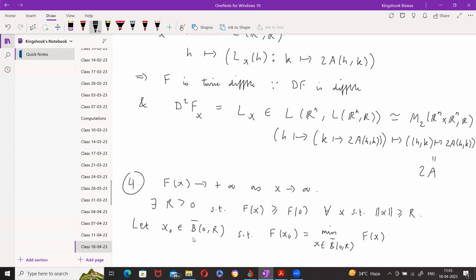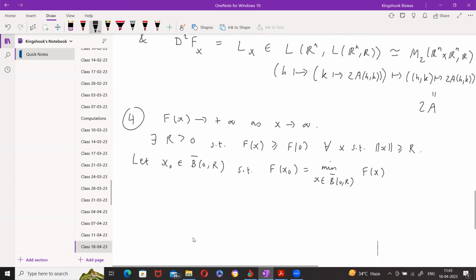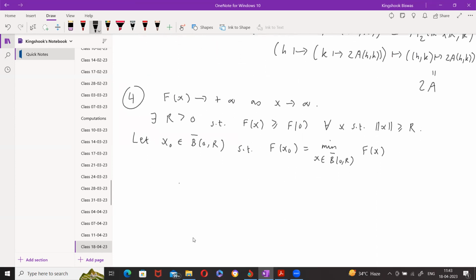So you take the closed ball and look at where f attains its minimum in the closed ball, right? Then actually that will be the global minimum, right? Because look, here's the origin, here's your x naught. This is the ball of radius R.